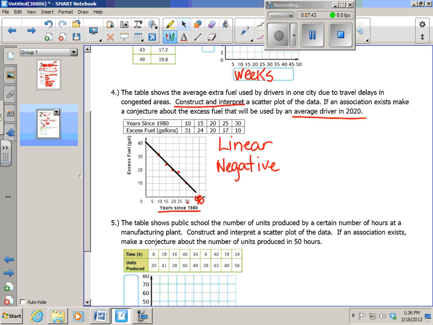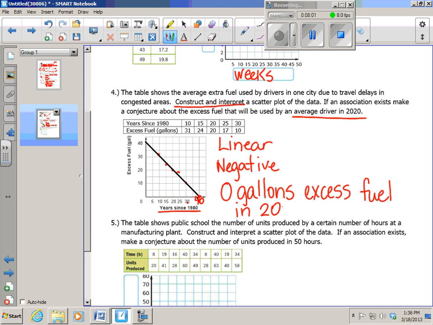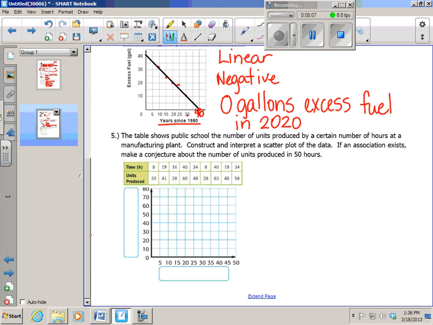Well, if this line continued, it would end up right here at 0 gallons of excess fuel in 2020, because that's 40 years after 1980. Question number 5 says the table shows the number of units produced by a certain number of hours at a manufacturing plant.